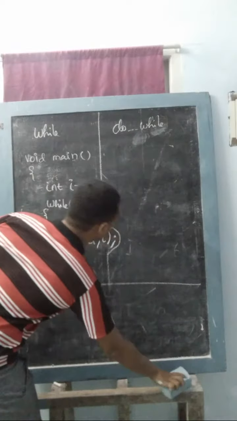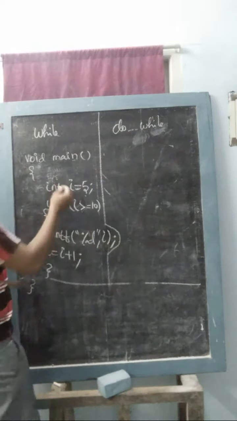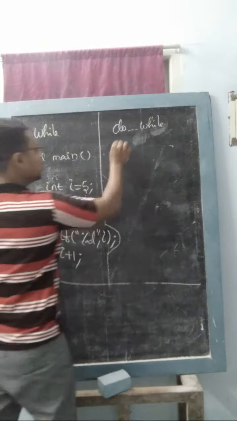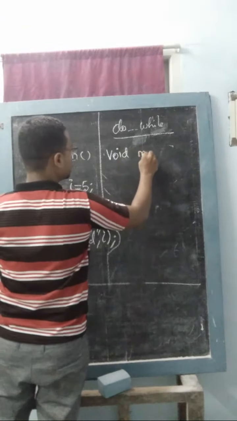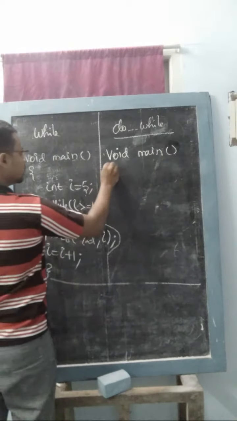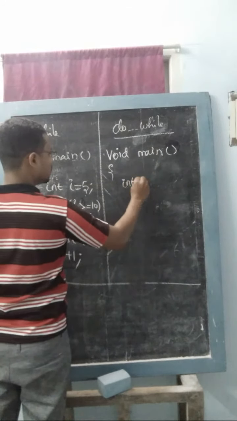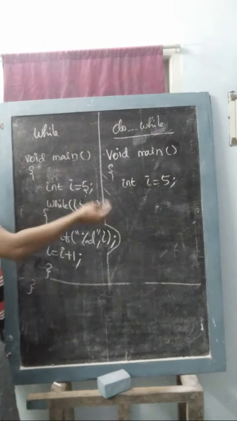That is what do I do? Okay. The same question I'm going to ask. You just ready for the answer? Void main. Integer I is equal to 5. The same program I'm just using, but in the do while loop.